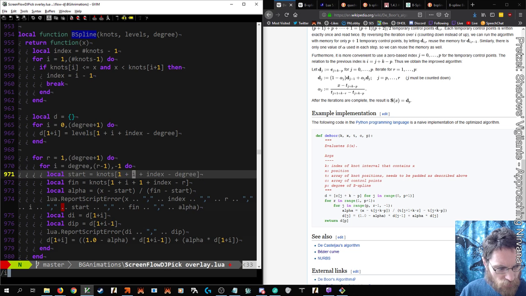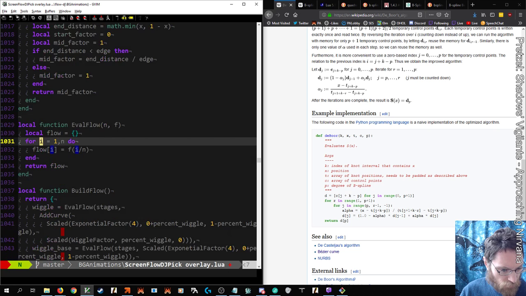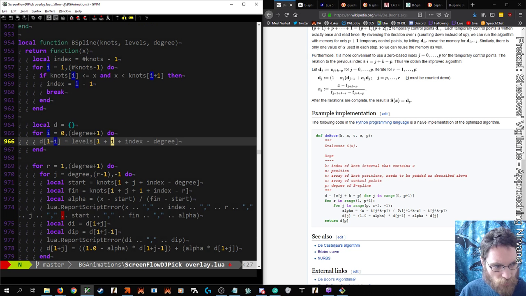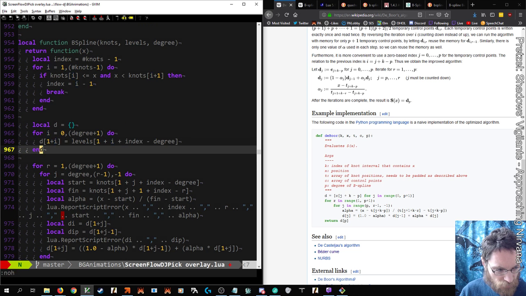I might want to go ahead and make these J's just so I have an easier time following this algorithm. I tried to rename things in a couple of places.